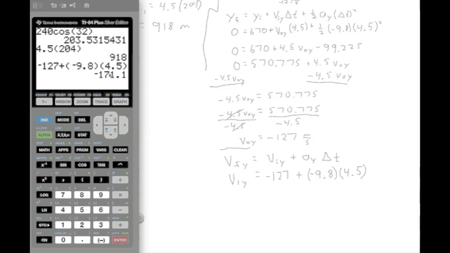I'll round this off to negative 171. Include the units. Okay, now let's make sure we're answering the right question. They wanted the horizontal and vertical components just before it hits the ground. That's time 1, so we're ready to write our answer.